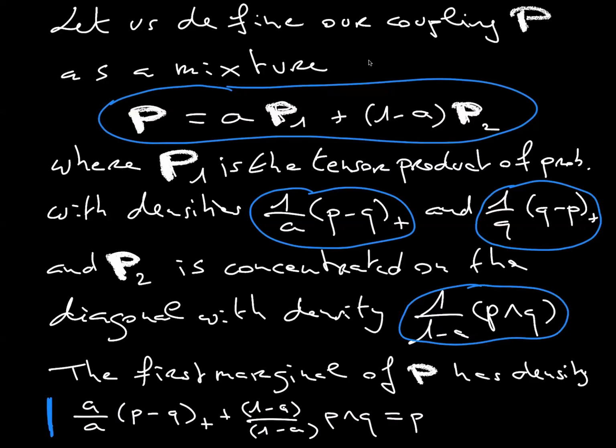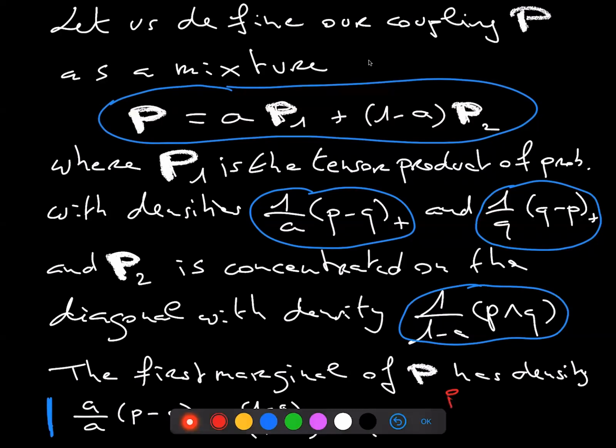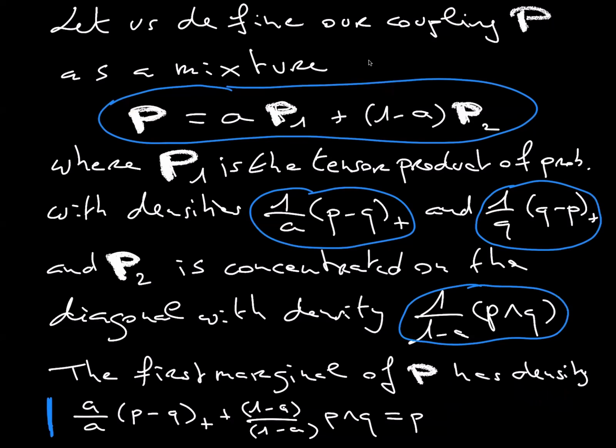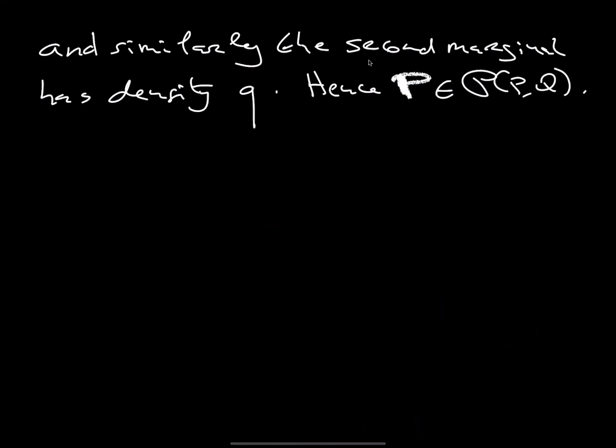And for the second term of the mixture, you get 1 minus A over 1 minus A, P infimum with Q. And you simply use the fact that P minus Q positive part plus P infimum with Q is equal to P. So the first marginal of bold P is equal to P. And you do the same with the second marginal. So this means that you have a coupling, that is, the first marginal of bold P is P, and the second marginal of bold P is Q.